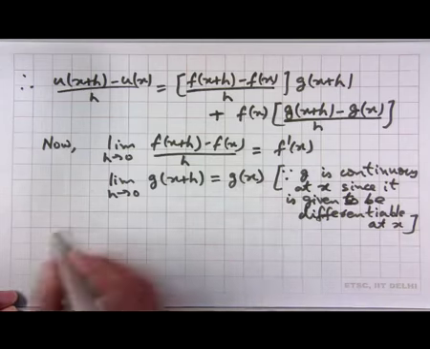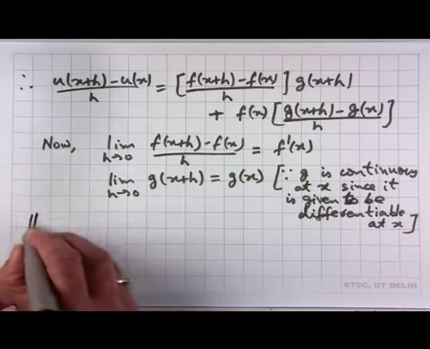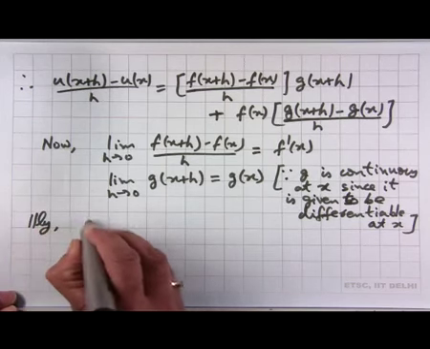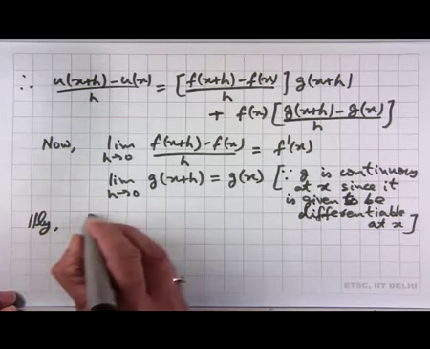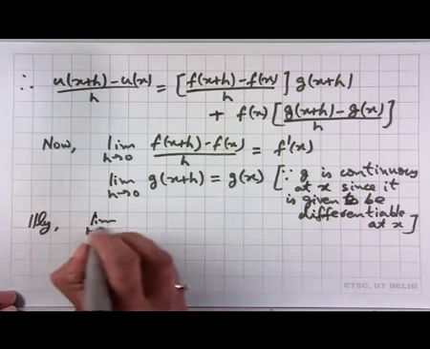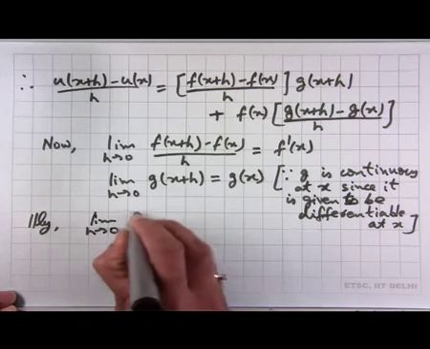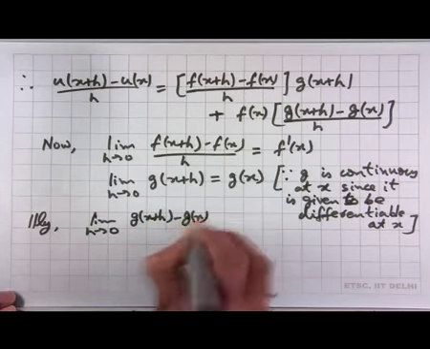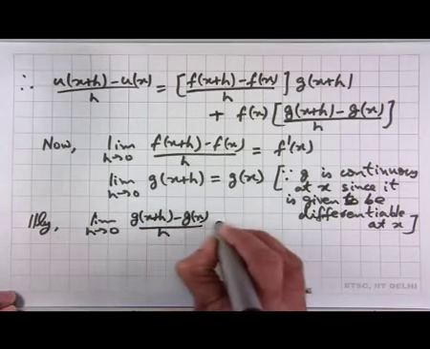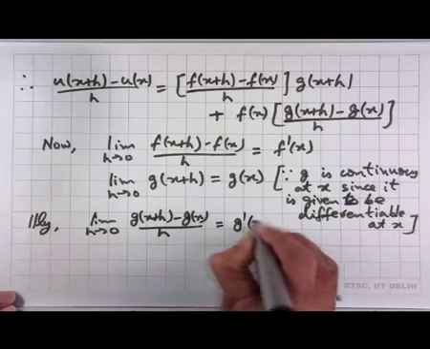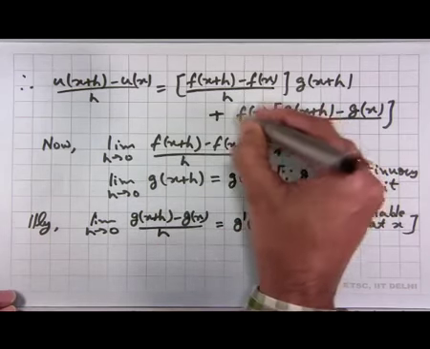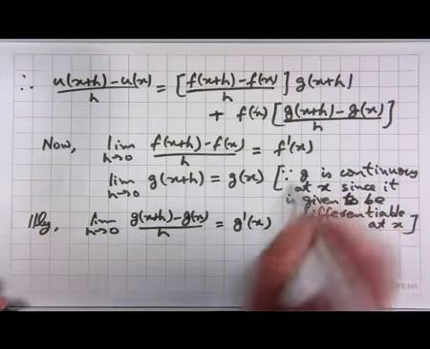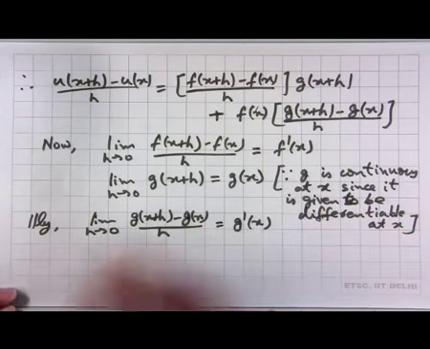Similarly, the other term, we have limit of h going to 0 of g of x plus h minus g of x divided by h, this is equal to g prime of x, and the first term is independent of h, this is f of x. So, that limit is f of x.